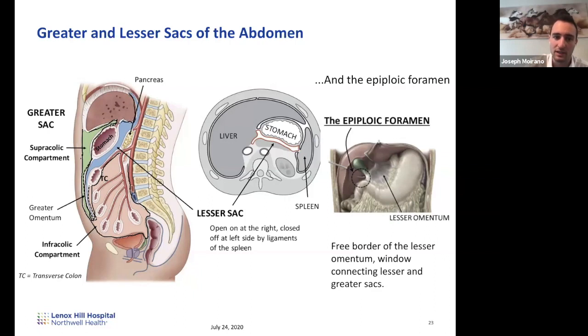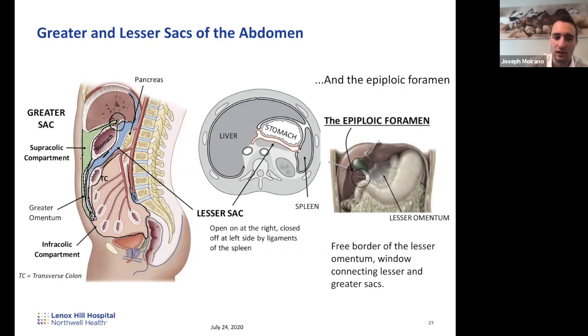What ends up happening here is now we have these double layers of visceral peritoneum coming together, and these things get some specific names. The specific name for this double layer right here is going to be the lesser omentum. And the specific name for this double layer of peritoneum here is going to be called the greater omentum.